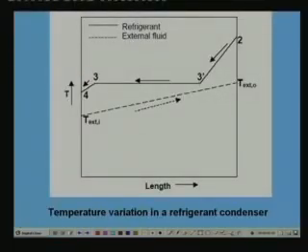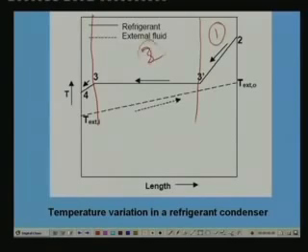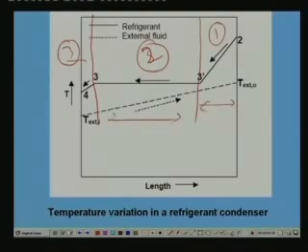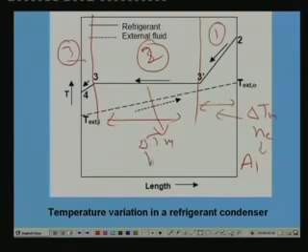Okay, that means the entire heat rejection process is divided into three separate regions, right. And for these three separate regions, the required areas are calculated separately. That means for this region you find out what is the mean temperature difference and what is the heat transfer coefficient, and finally find out what is the area required for region 1. Similarly, for the condensation zone you find out what is the mean temperature difference and find out the condensation heat transfer coefficient on the refrigerant side, and again find out what is the area required for the condensation region.